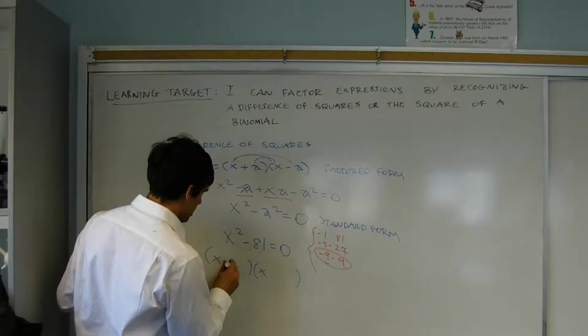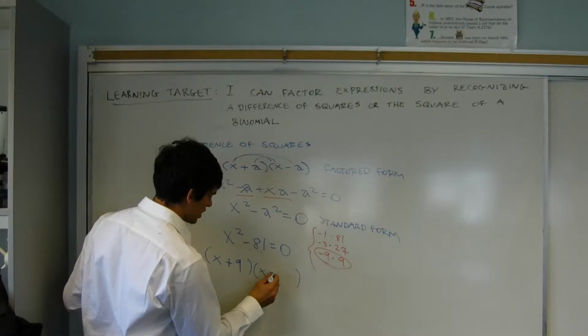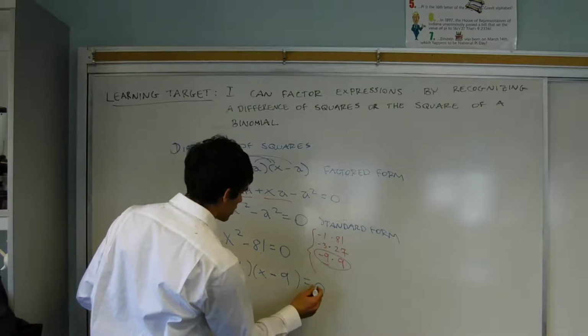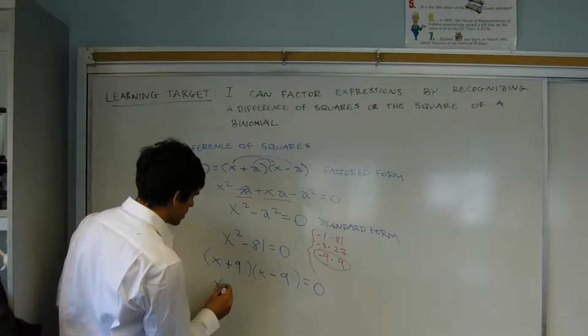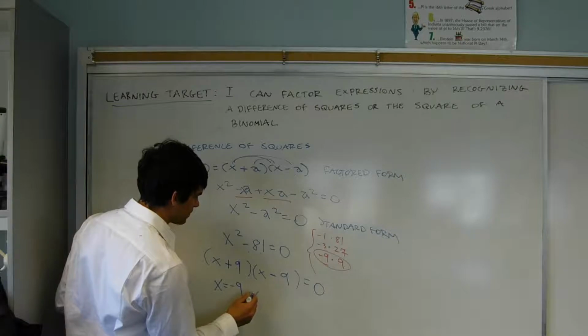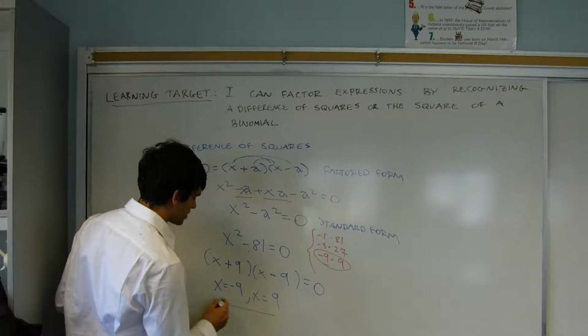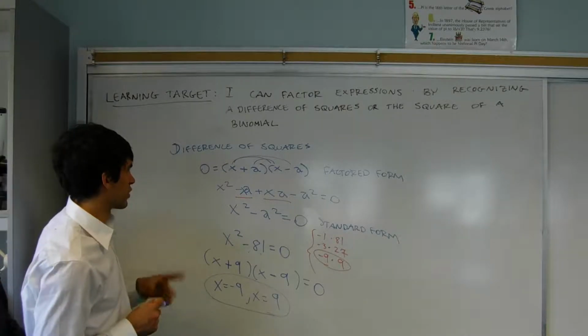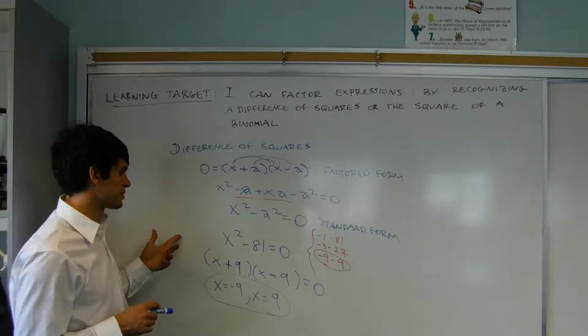So that means that our answer is x plus 9 and x minus 9. And the solution to our equation would thus be x is equal to negative 9 or x is equal to positive 9. So that would be how we solve an equation using difference of squares.